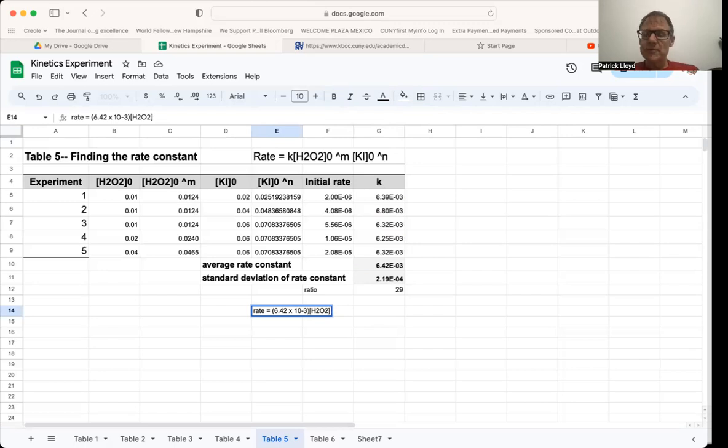It's pretty close to 1. We'll round it at this stage. So times the concentration of KI. Again, that one is like 0.95 or something like that. It's pretty close to 1, so we'll just put 1 in there.